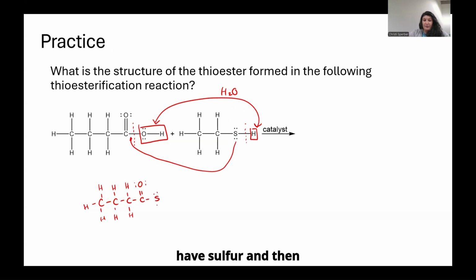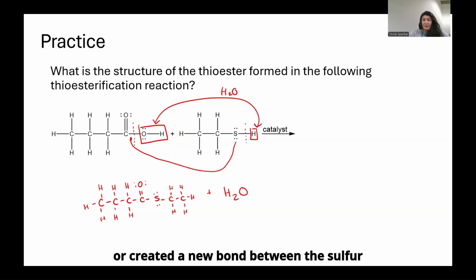So I'll have sulfur, and then whatever R group is bonded to this sulfur, which is bonded to two carbons, plus water. So I just created a new bond between the sulfur and the carbonyl carbon, and the OH group bonded to the carbonyl carbon and the hydrogen bonded to the sulfur combined to form water.